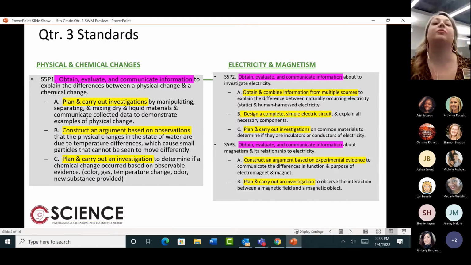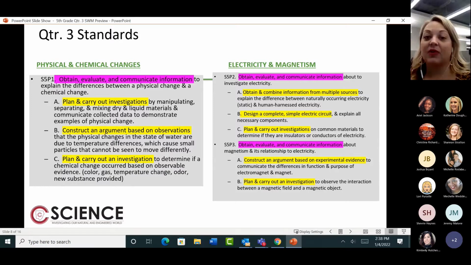Okay, so what I'm going to do is, okay, we'll just go to electricity. So the second unit, electricity and magnetism, our overarching priority standard is obtain, evaluate, and communicate information to investigate electricity. So we are just investigating with this standard.